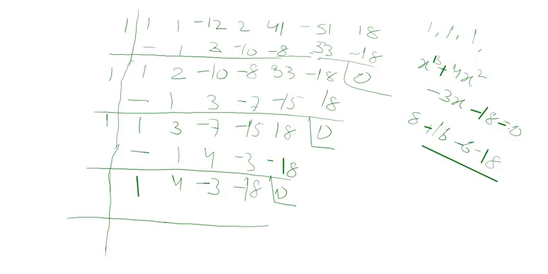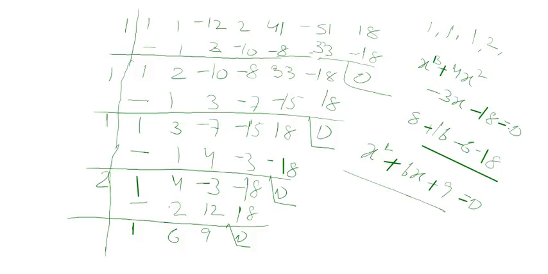Here again we use synthetic division: 2, 6, 12, 9, 18, 0. So you have one more root, 2. Now the remainder is x square plus 6x plus 9 equals 0. This is x plus 3 whole square, so minus 3, minus 3.